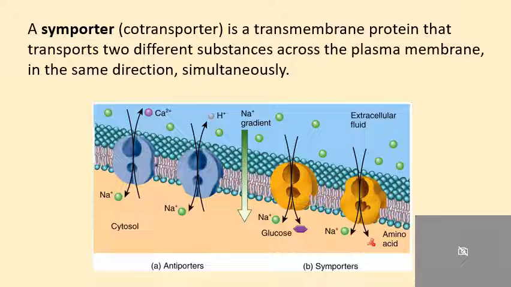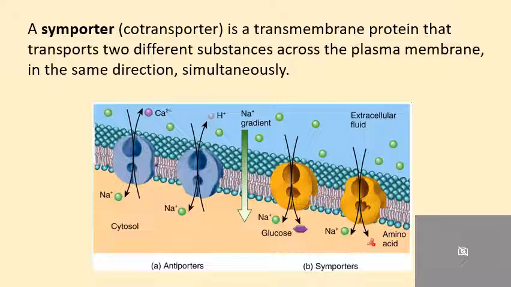We've seen this diagram before. So please recall that a symporter is a transmembrane protein that moves two substances in the same direction simultaneously. So shown here are two examples, a sodium glucose symporter and a sodium amino acid symporter. And both of these occur in renal tubules.